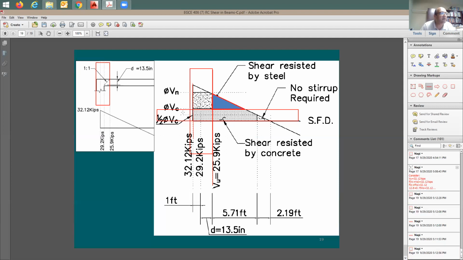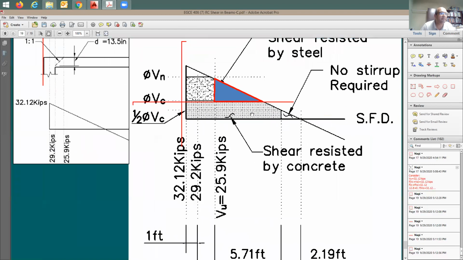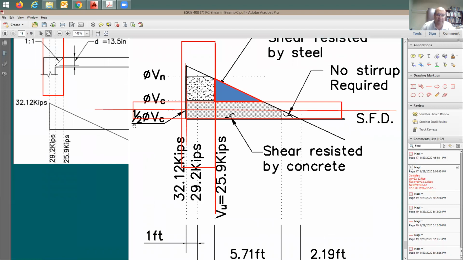If you go here to one half of the concrete strength, once it intersects with the shear diagram, in this little area here, you don't really need any ties. Why? Because if the shear demand is lower than one half of phi Vc, meaning the diagram is lower, you don't really need any ties.